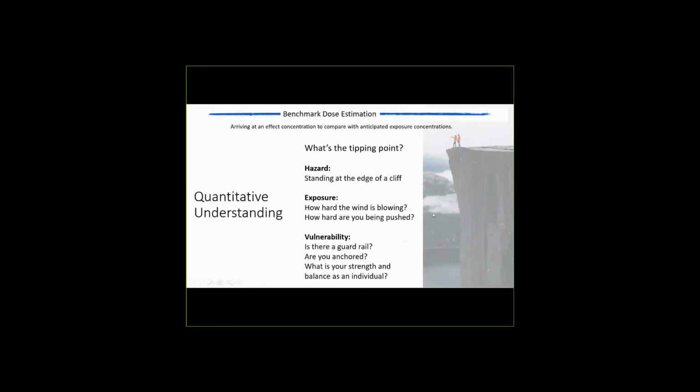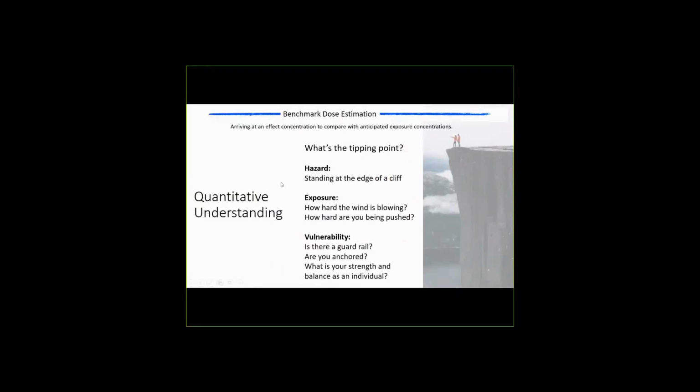The final example of how AOPs are being used relates to moving beyond just identifying a hazard, but actually trying to understand whether the concentration of the stressor we're exposed to is actually sufficient to push that perturbation all the way to the end of the pathway and cause an adverse outcome.